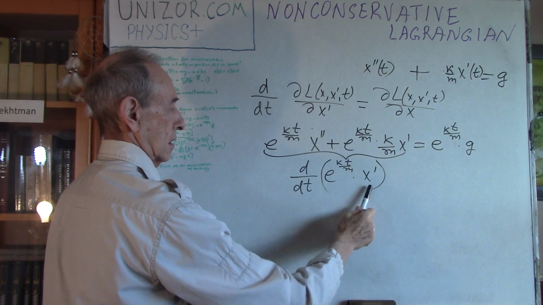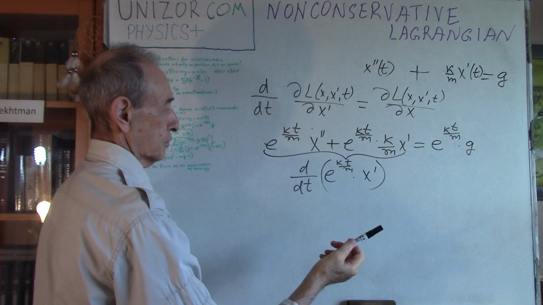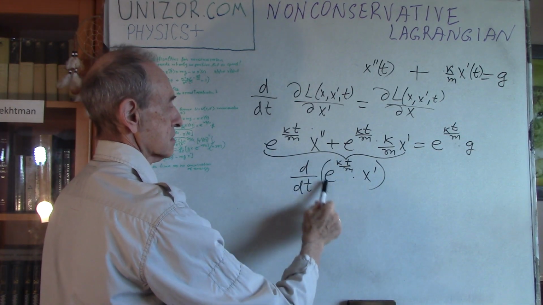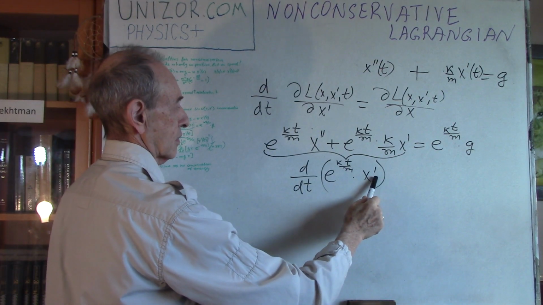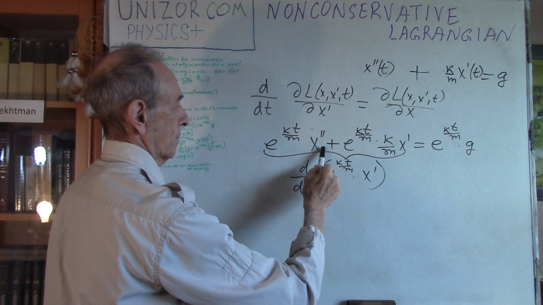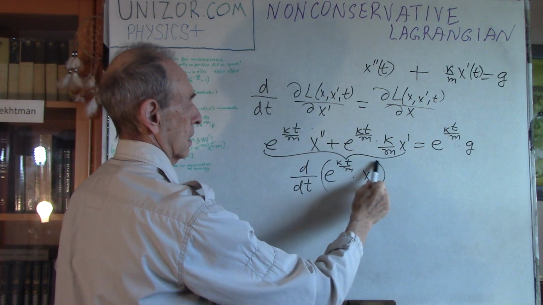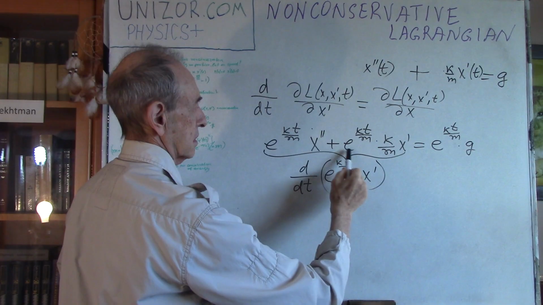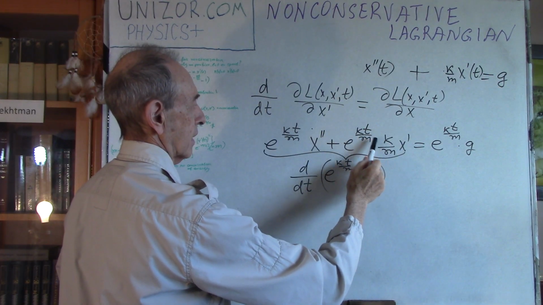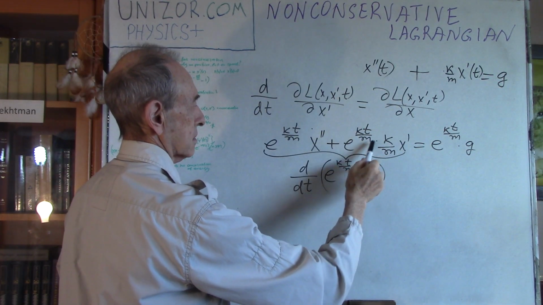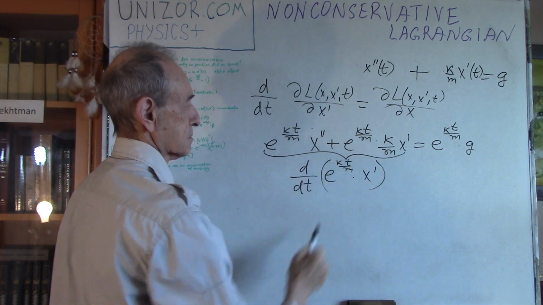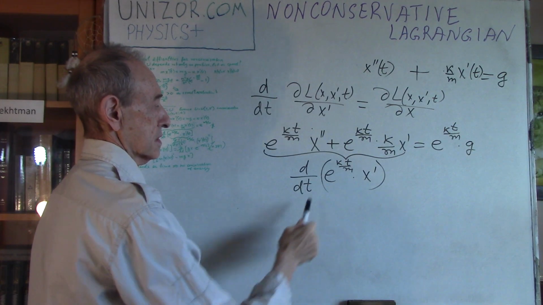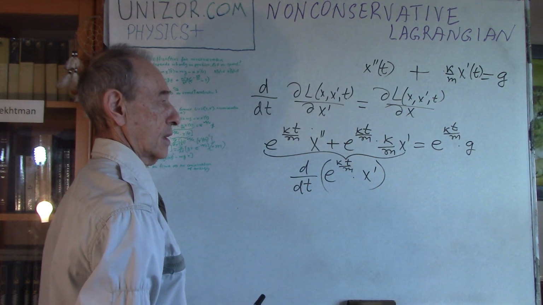That's the product of two functions of t. This is a function of t, this is a function of t. So it's this one times the derivative of this, which is this, plus this times the derivative of this, which is e to the power of kt divided by m, times the exponential coefficient at the exponent, which would be k over m. So this is the left part.